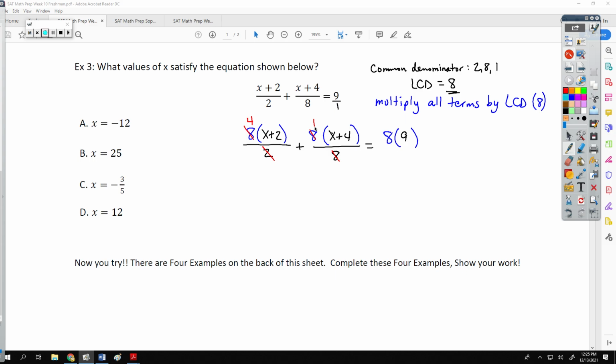And then there is no division in the third one because it was over 1. So our equation becomes 4 times x plus 2 plus 1 times x plus 4, and no, you don't really have to write that one, equals 8 times 9, which is 72. This is exactly the same equation with no fractions. This process is called clearing the fraction.